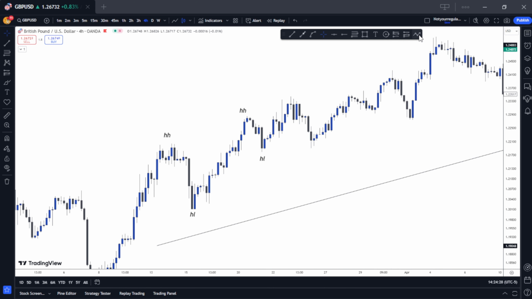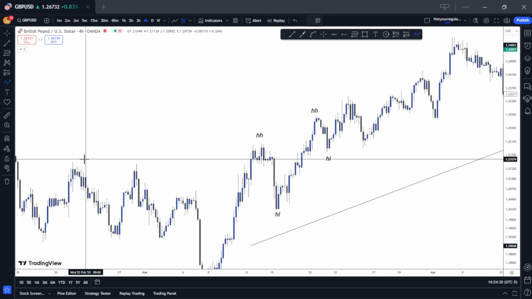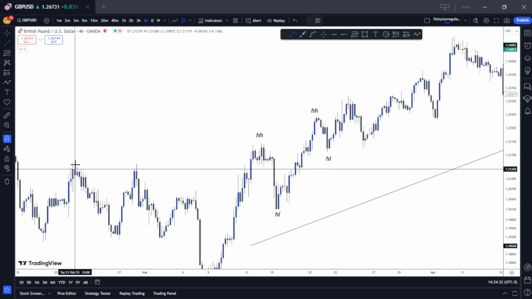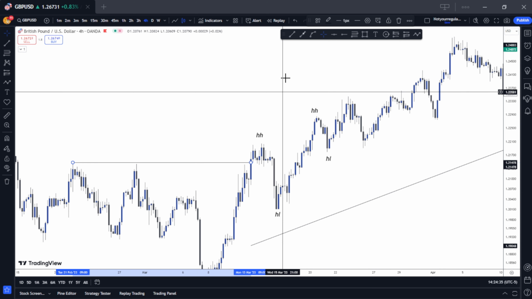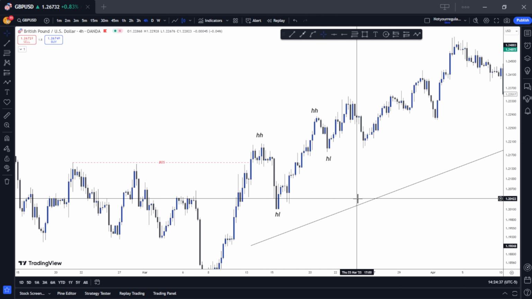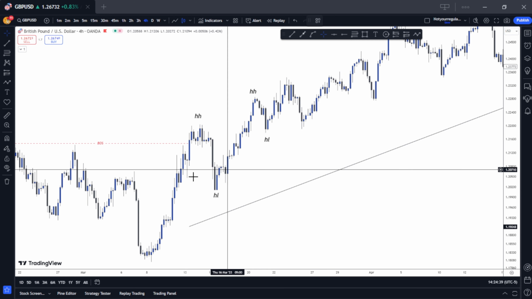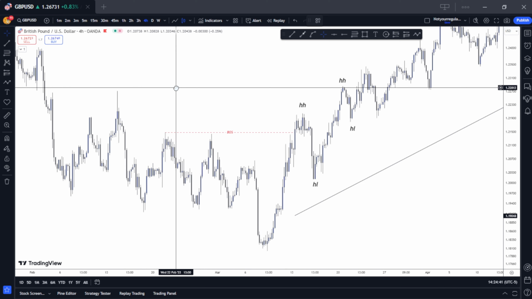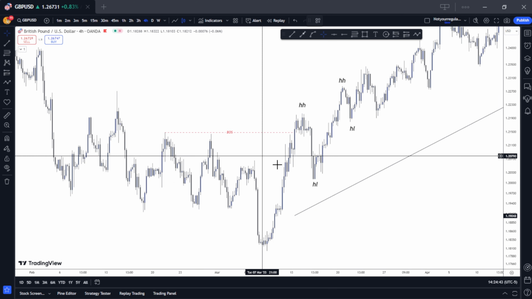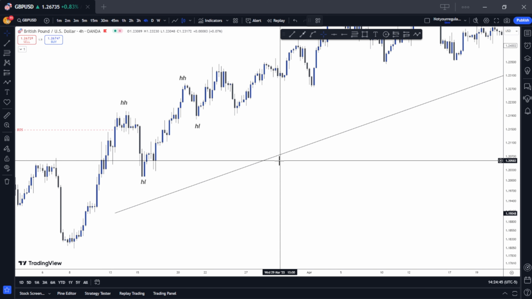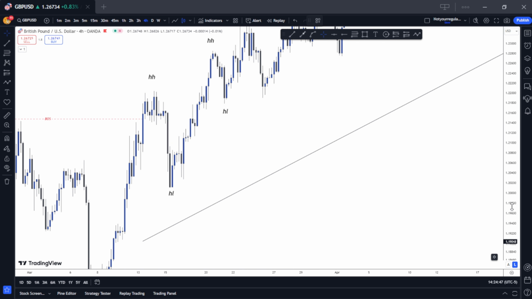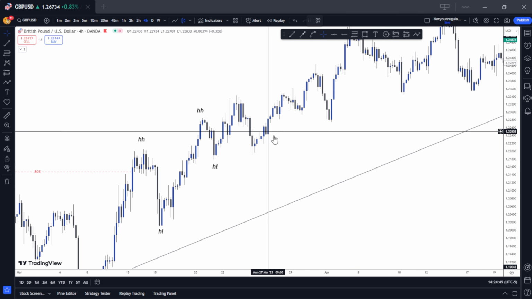So you can see when the market broke structure right here, and here, and here, because the market was bearish here before, then we broke structure, which indicated a change in the trend.